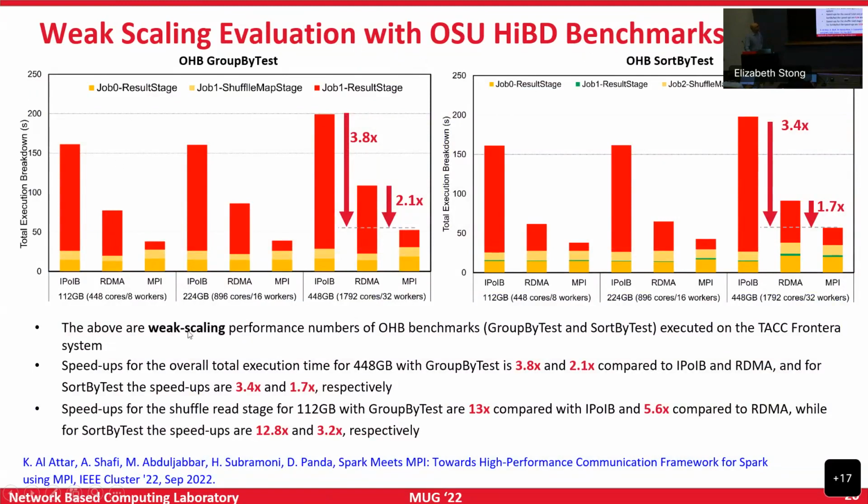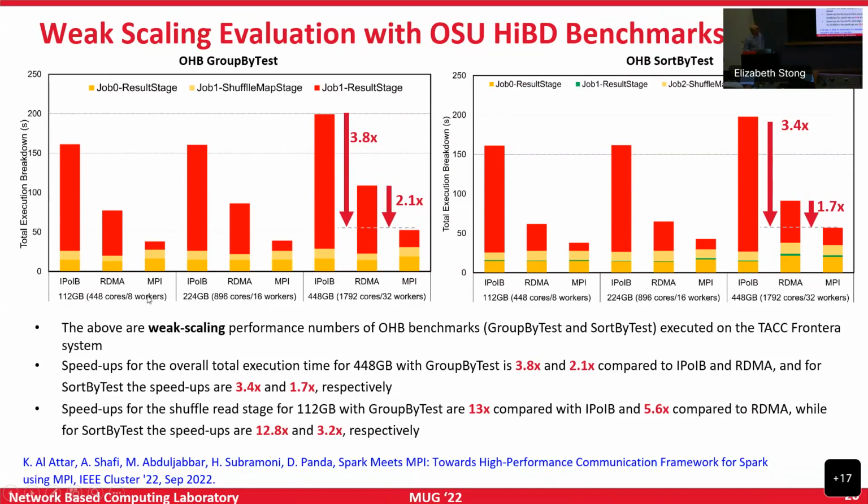In this case, we are running two benchmarks. One is what we call group by, and the second one is sort by. Again, we are dealing with large amounts of input data. We need to sort the data, or we need to group the data, so these are big data applications. If you focus on the left one first, because this is weak scaling, the problem size is increasing as we increase the number of cores.